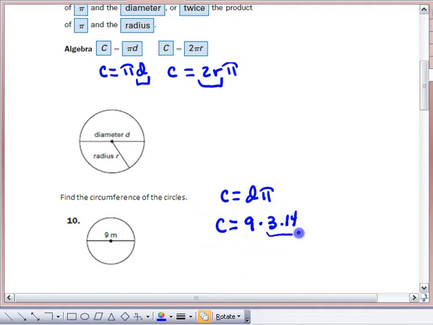Now 3.14 is an approximation of pi, so I'm going to say it's approximately. So the circumference, if I multiply these two, is approximately 28.26 meters.